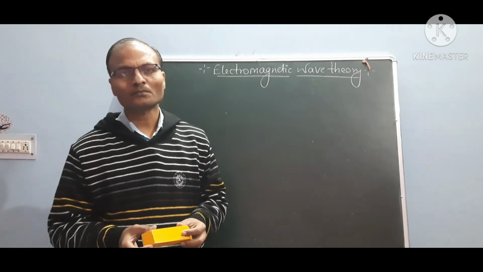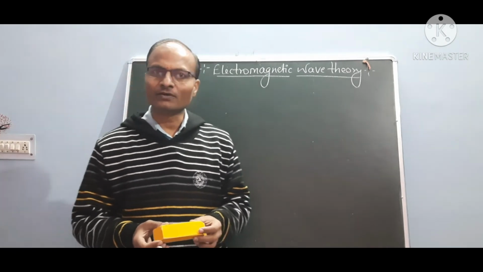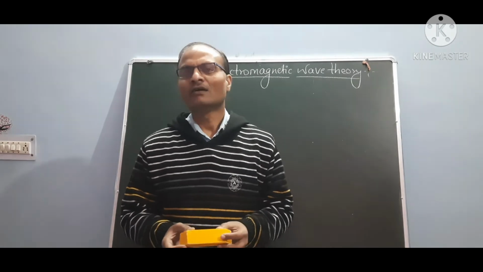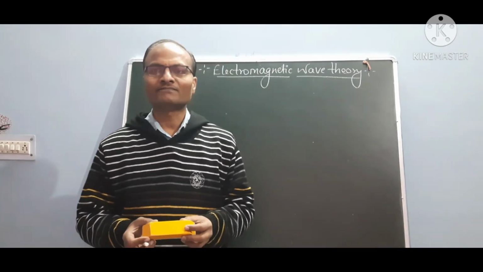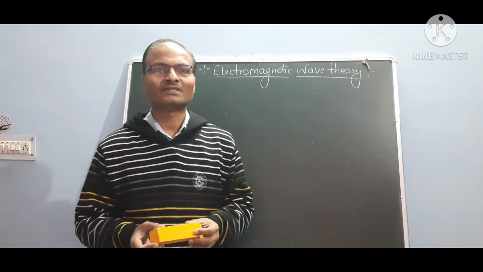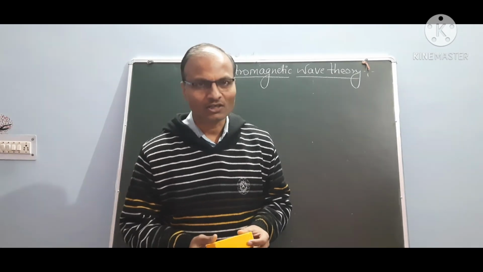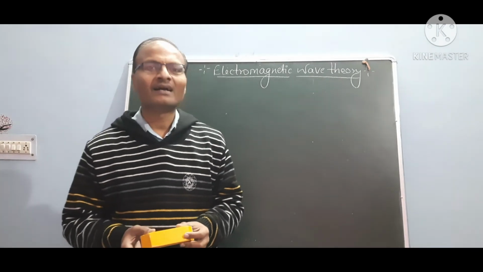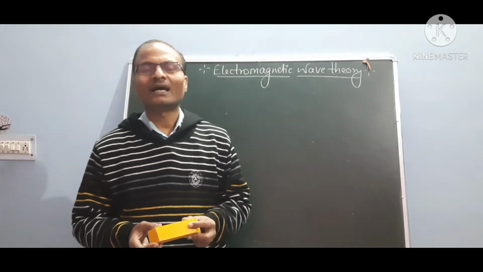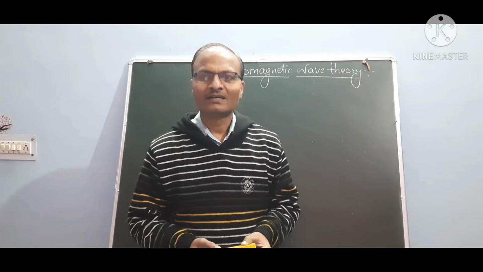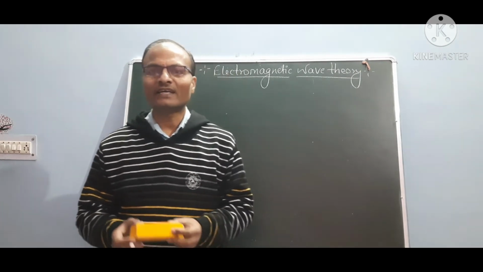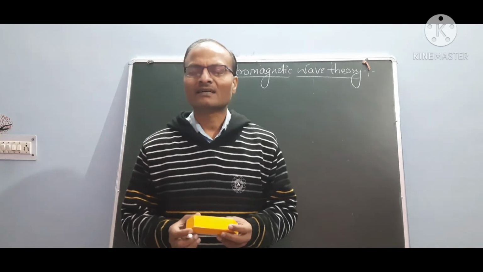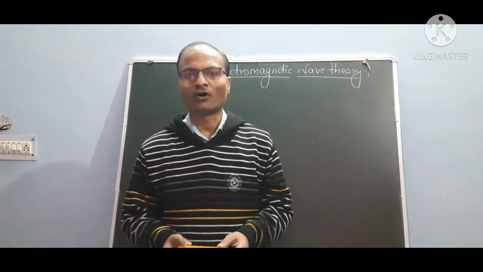So, in 1864, James Clerk Maxwell explained four basic laws of electromagnetism, that is called Gauss law in electrostatics, Gauss law in magnetism, Ampere's law, and Faraday law. The entire theory of electromagnetic field is condensed into four laws.